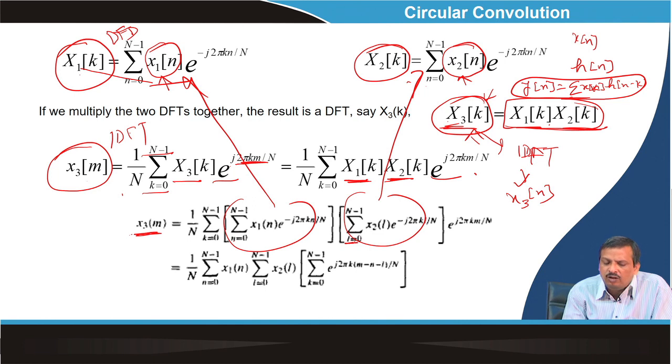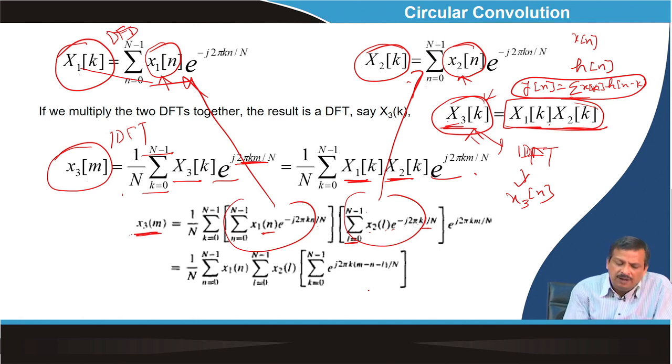So, l equal to 0 to N minus 1, x2[l] e to the power minus j 2 pi k l by N.